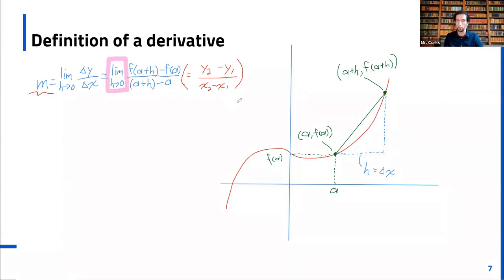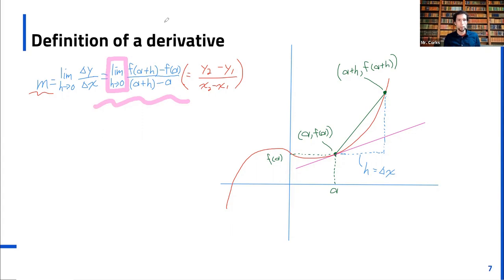And then eventually, once it is incredibly small, the result will be sort of this pink line here. The green line will turn into the pink line, and we will know the exact slope of the tangent at that point. So this is the definition of a derivative here for a particular point A.